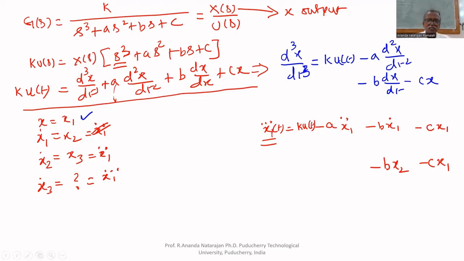Already we defined x is x1. Therefore, x1 dot can be written as x2. X1 double dot is x3. So minus a x3. Am I correct? X1 double dot equal to x3.